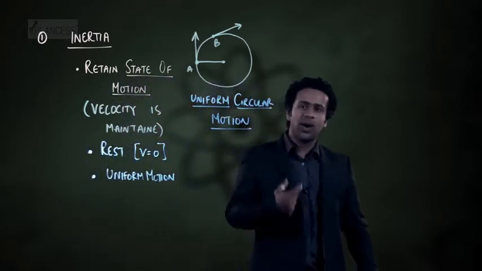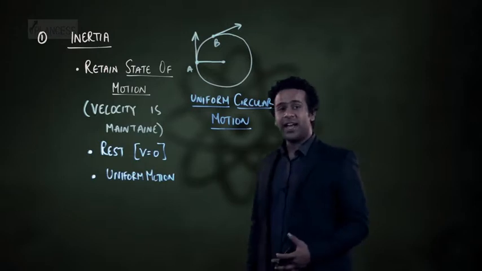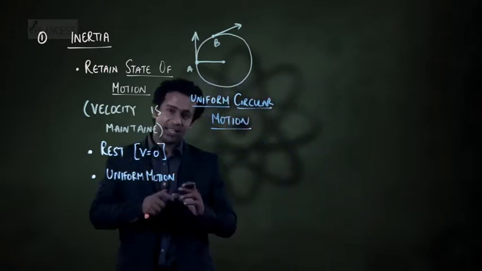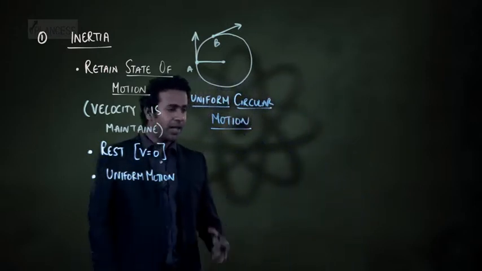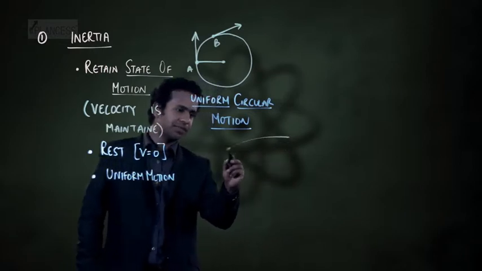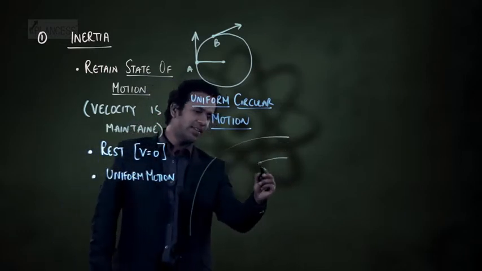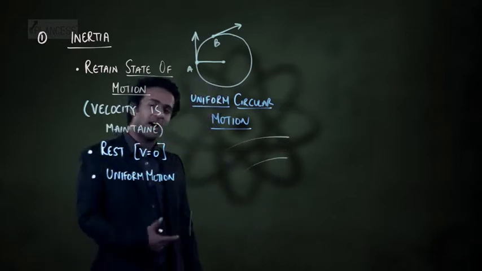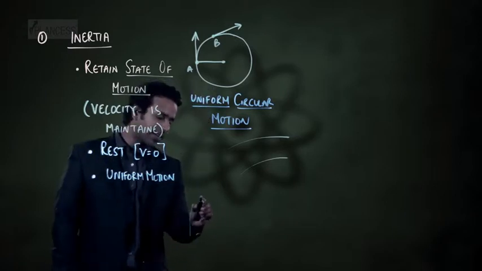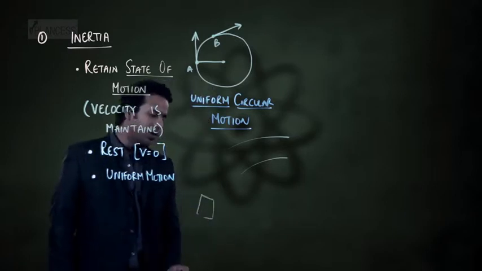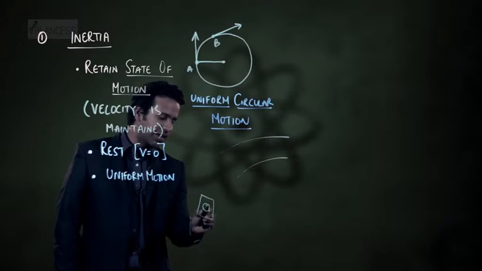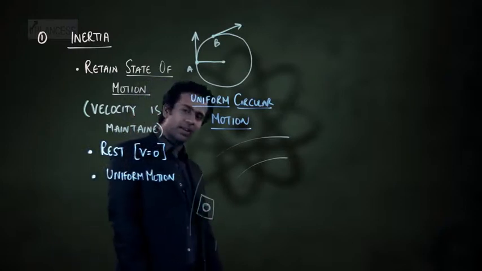Now there are a lot of applications of this law. The simplest one you can see is every time when the vehicle you're in takes a turn. Let's look at that situation. So let's say this is the turn that the car is taking. We are looking at the car from the top view and this is the person sitting inside. Right.